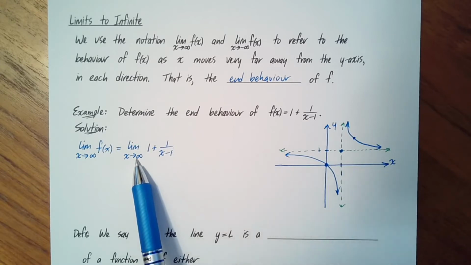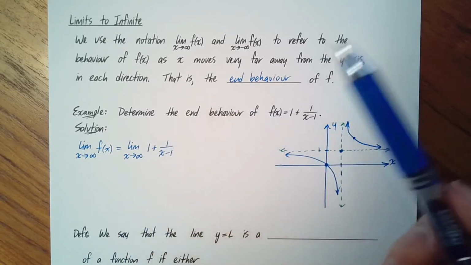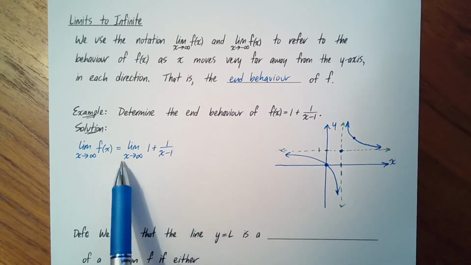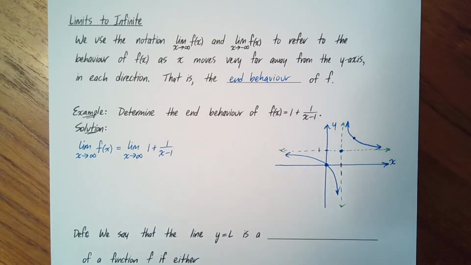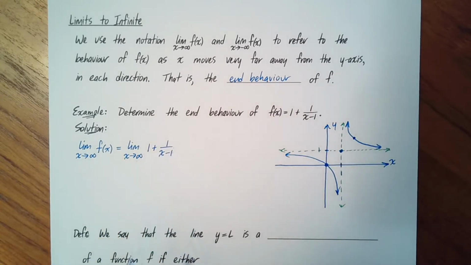As x grows arbitrarily large, this 1 is just going to always be a 1. Nothing's going to change about this 1. But this fraction is going to change because what's happening? The numerator is always 1. And the denominator, what's happening as x grows arbitrarily large? Well, as x grows arbitrarily large, x minus 1 is also growing arbitrarily large. And if x is growing in the positive direction, then so is x minus 1.